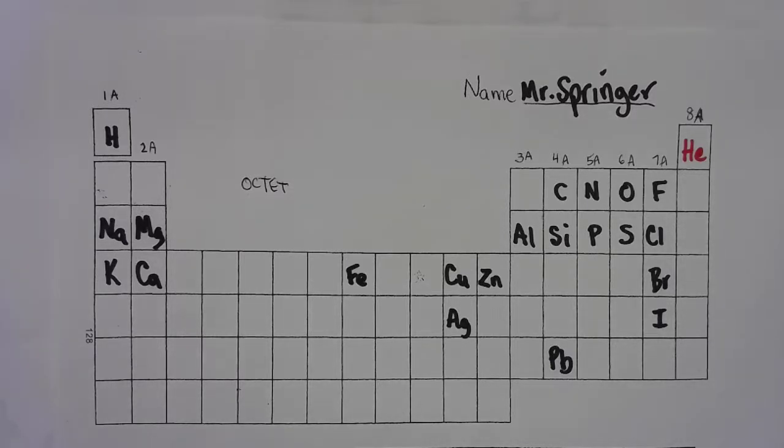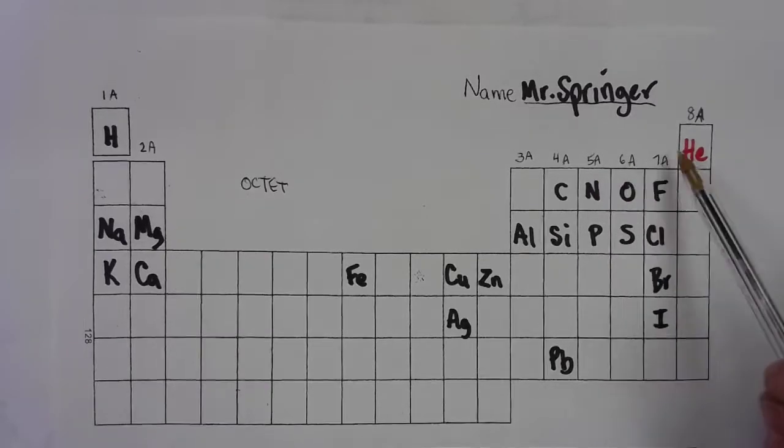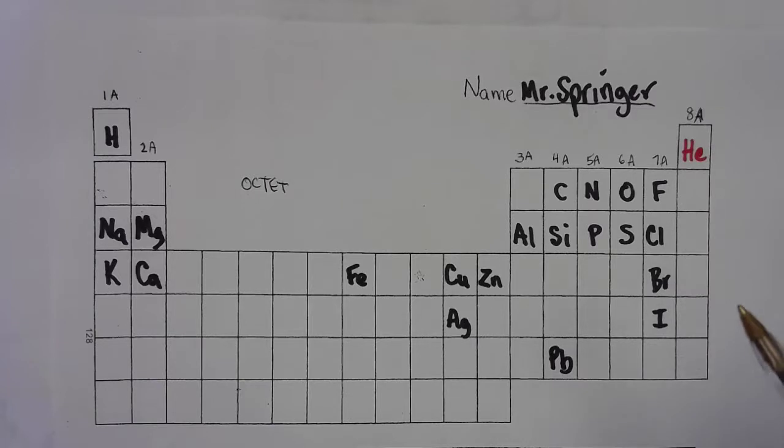Since we're trying to get to 8, elements in groups 5A, 6A, 7A, very close to 8, they just need to gain very few electrons in order to get there. In fact, elements in group 7A just need 1 electron. If they gain that 1 electron, they will have 1 more electron than they have protons. A neutral atom will have the same number of protons and electrons.